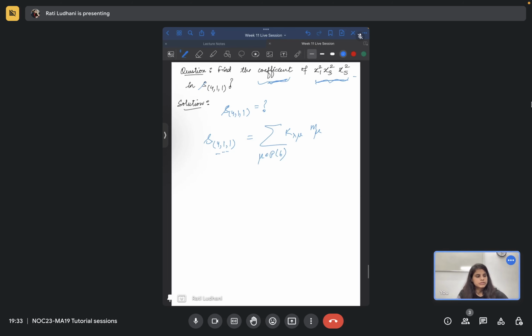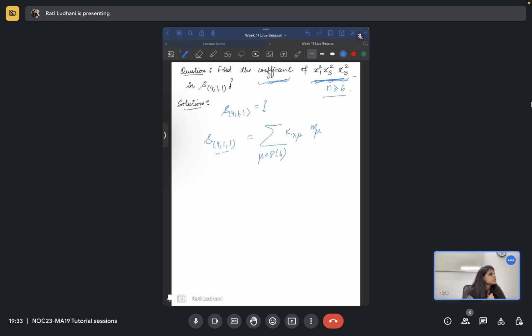We assume n is big enough, or maybe just say n is greater than or equal to 6. Otherwise the number might be affected. For example, if n is equal to 5, then this is a symmetric polynomial, so there must be something like x1 square, x3 square, and x6 square.